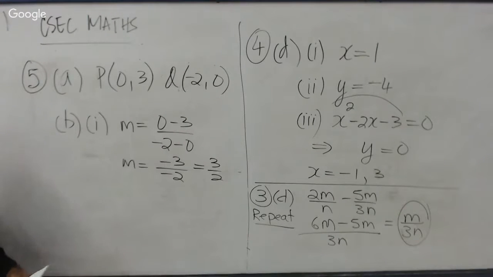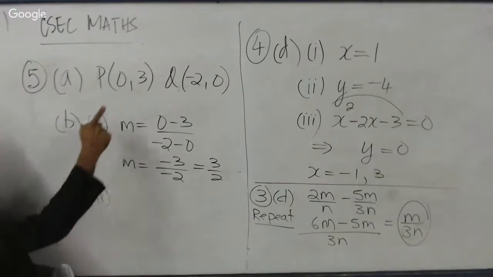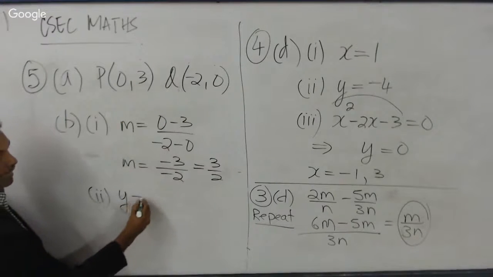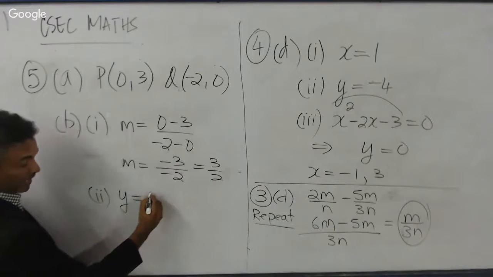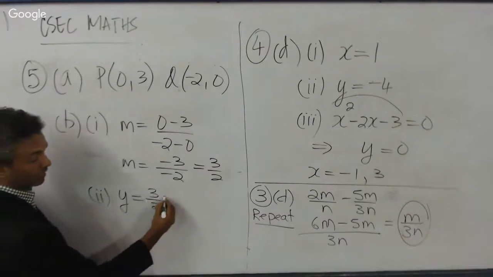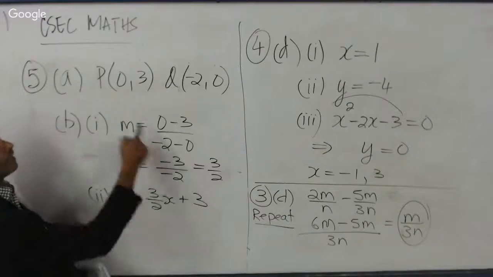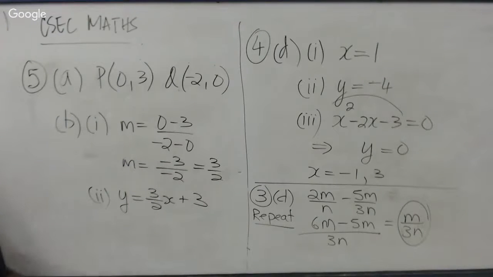2. Equation of a straight line. Now, you could write down this equation because you have the gradient and you have the y-intercept, which is 3. So the equation is y equal mx plus c, which is y equal 3 over 2x plus 3.